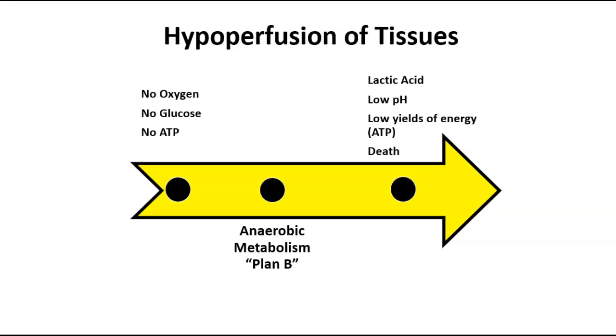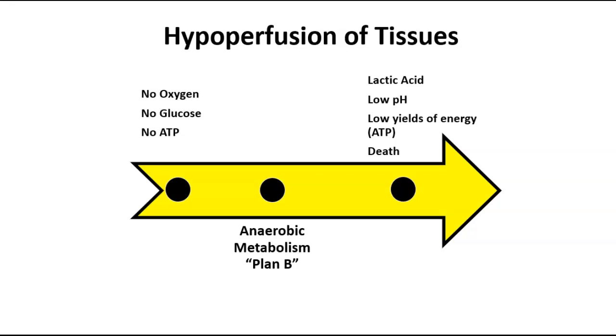Our body is usually in aerobic metabolism, but we do have a plan B. So we can, as human beings, go into anaerobic metabolism, but this is a crummy and rather ineffective way of making oxygen and glucose into energy. So aerobic metabolism is basically 19 times more effective than anaerobic metabolism. So for example, for 1 molecule of glucose, when we're in aerobic metabolism, we can make 38 ATPs.